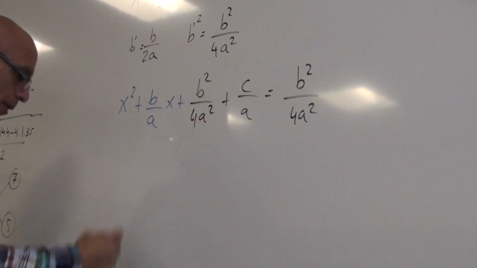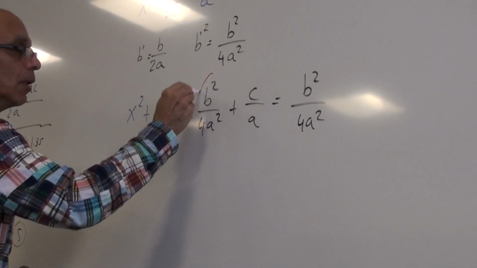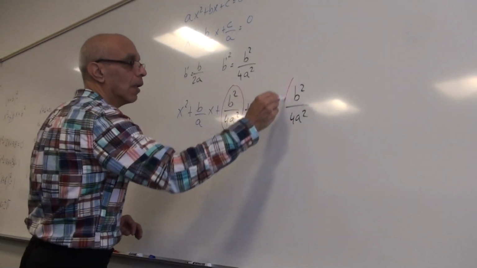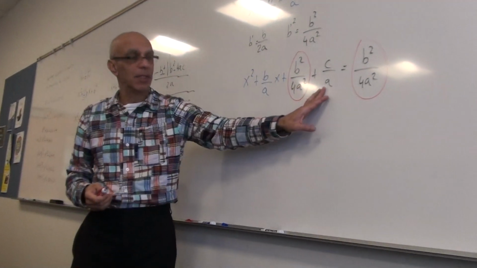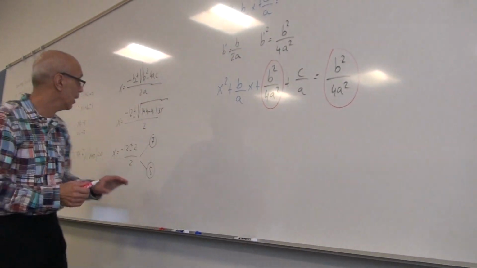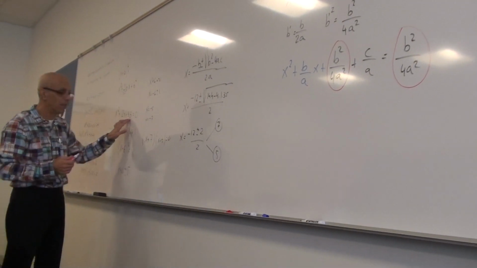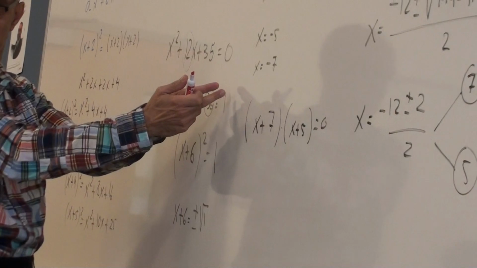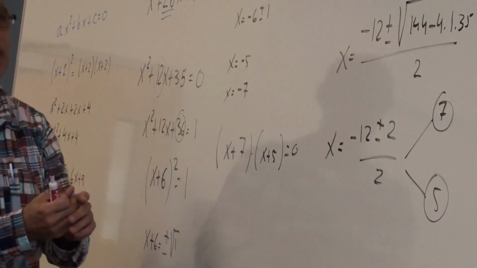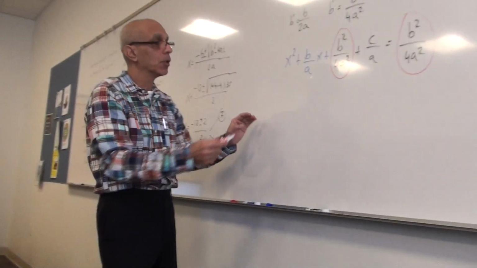I add this quantity here on both sides. That is the b squared. And this is the number that I had, I had here 35. I could add, instead of 1, I could add 36 and 36 on both sides. So that's what I'm doing here.